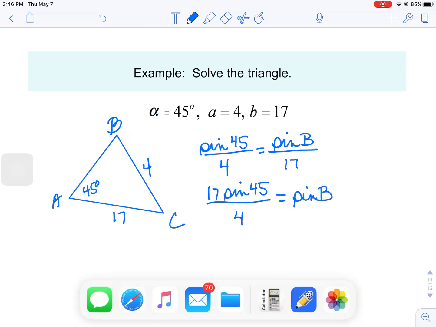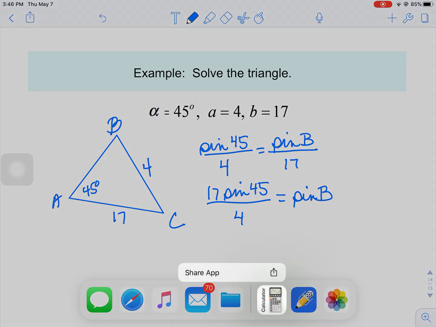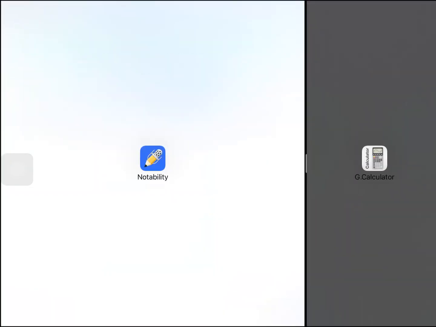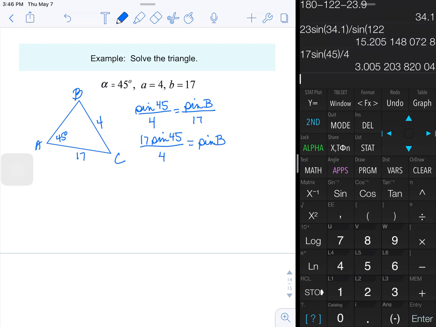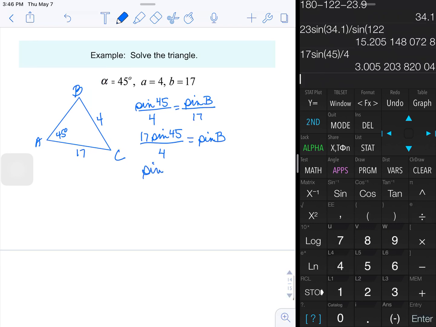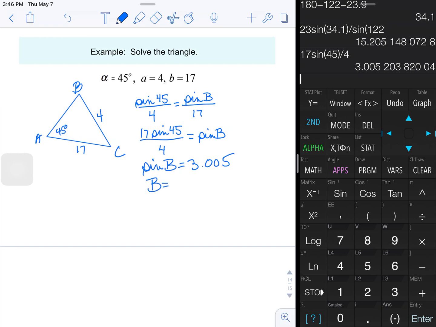And plug into my calculator again. So 17 sine of 45 divided by 4 gives me sine of B equals 3.005. Now, hopefully you see a problem at this point, but if not, I will just continue. So I'd like to know what angle B is.